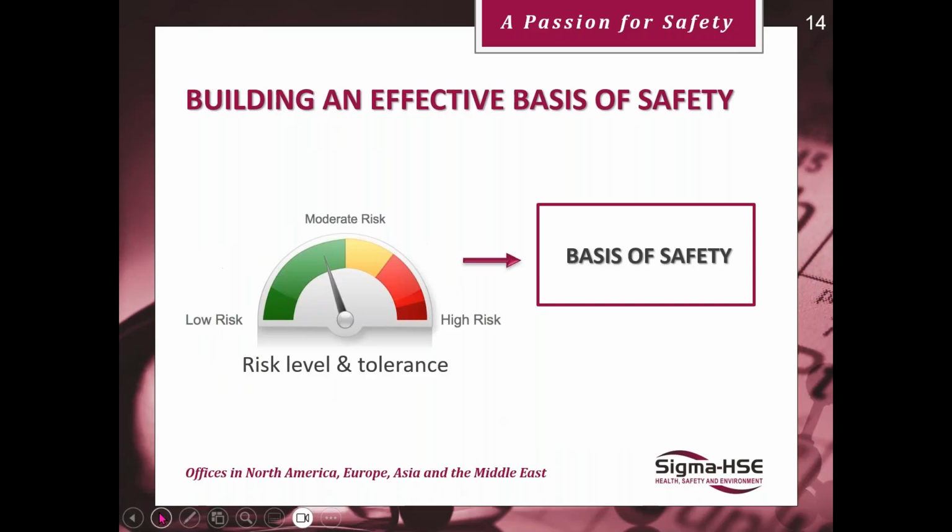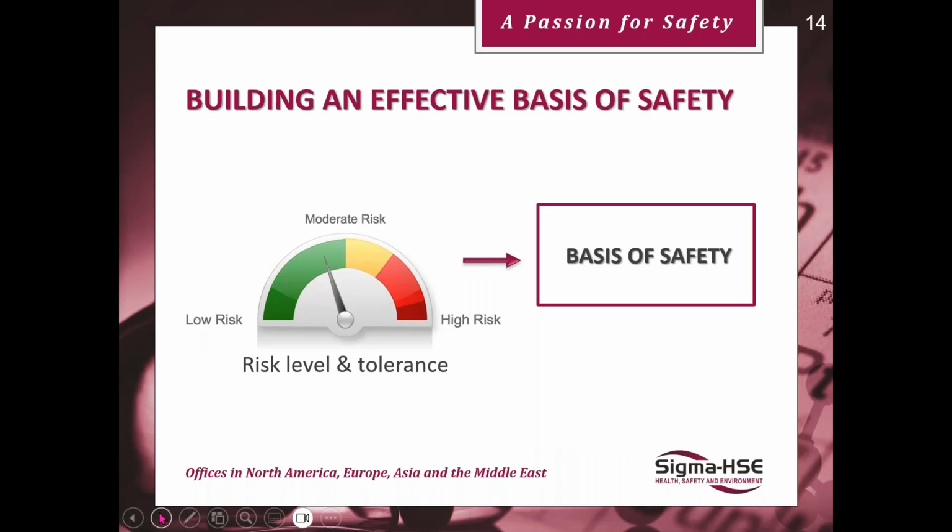Risk level and tolerance. How much risk are you willing to take? No process is 100% risk-free. Every process that you work with will have some level of risk. If you don't want to put up with that or understand it, then go home. Go to bed, and just remember, if you do a risk assessment, 90% of deaths occur in bed.